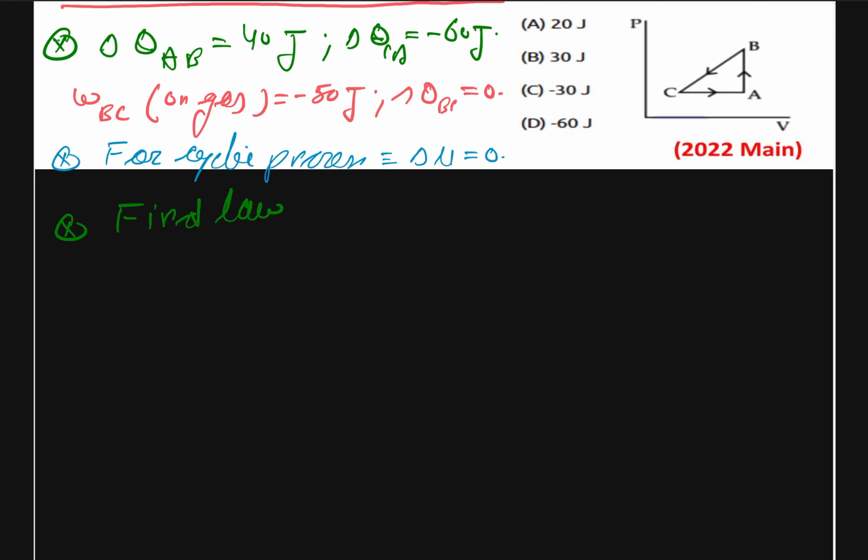First law gives us that delta U is equal to Q minus W. Okay, here W is work done by gas in the formula.